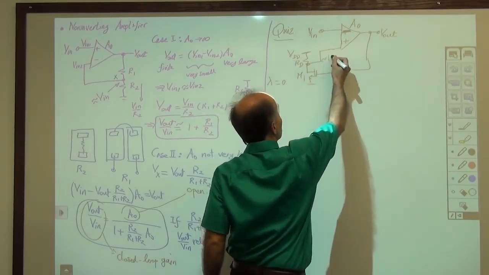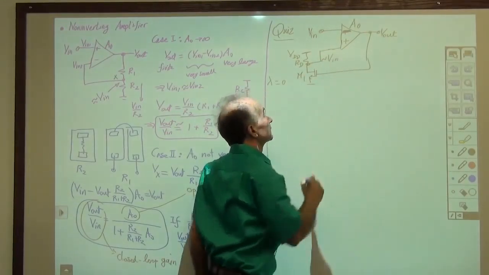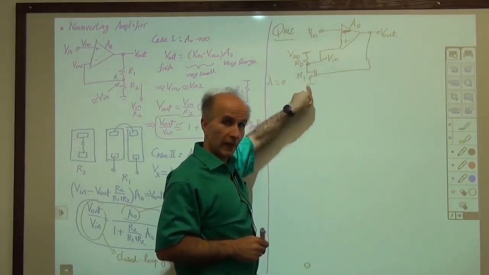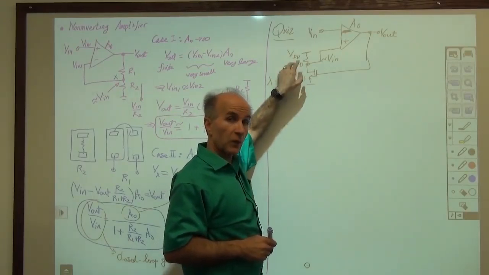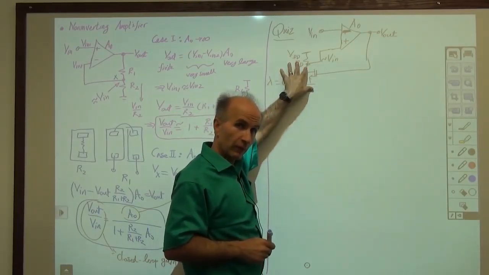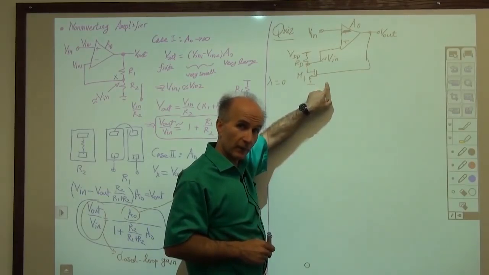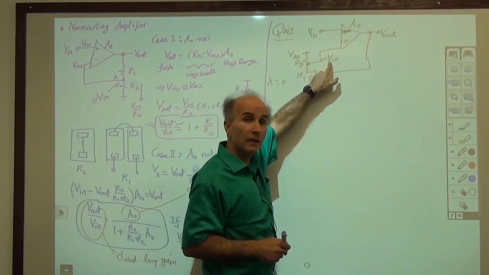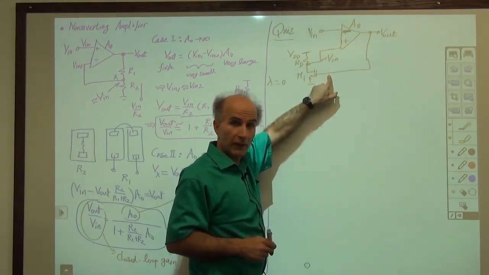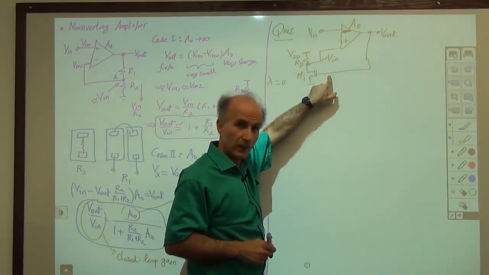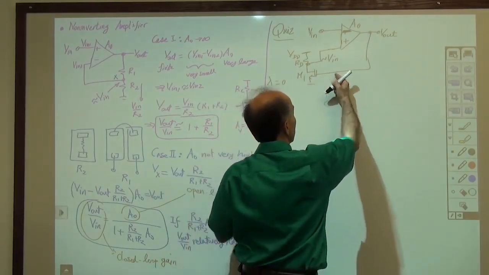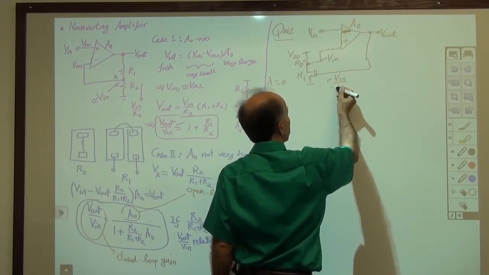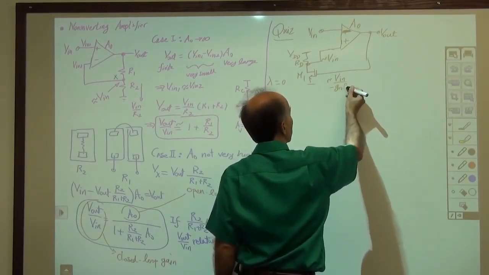But this AC voltage is produced by this common source stage. Because we know the gain of the common source stage, we should be able to find the input signal to the common source stage. If the output signal of the common source stage is V in, the input signal is just V in divided by the gain of the common source stage. So the AC signal here is approximately equal to V in over minus GM times RD.